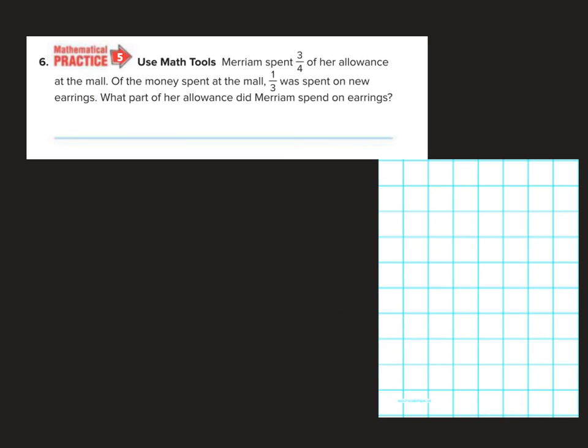Right. Miriam spent 3/4 of her allowance at the mall. So 3/4 at the mall. Of the money she spent, 1/3 was spent on new earrings. Okay, so I need a 4 and a 3 again.